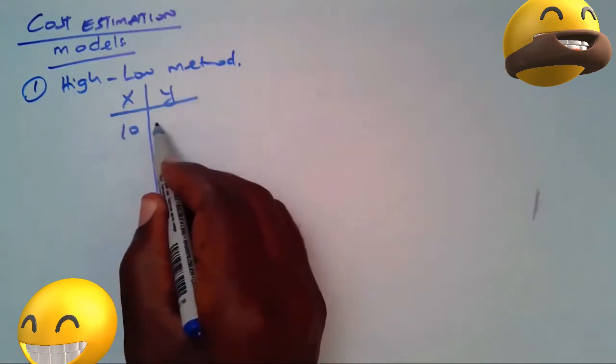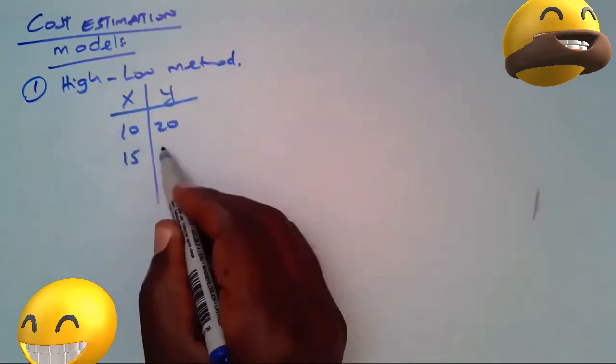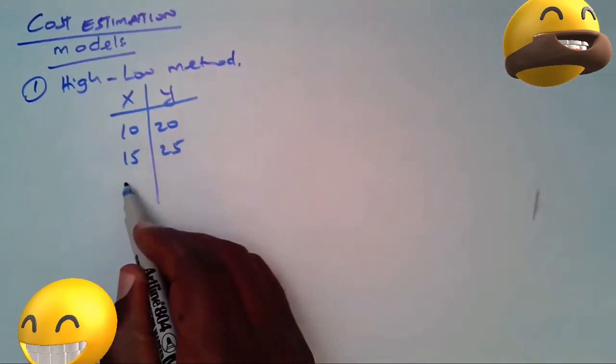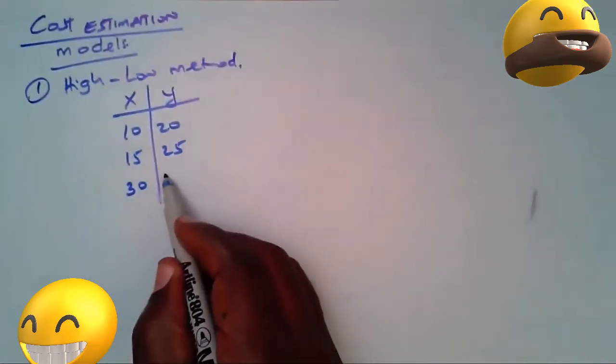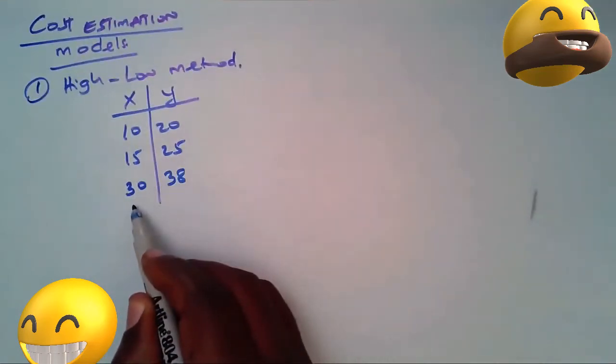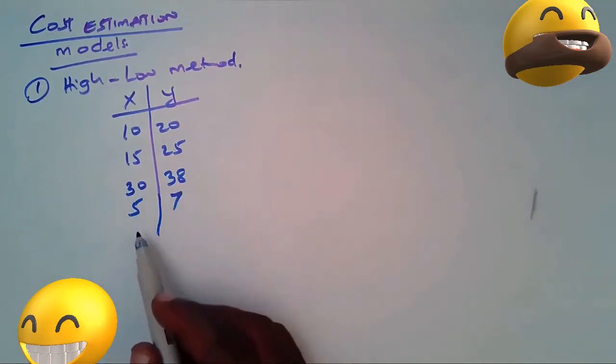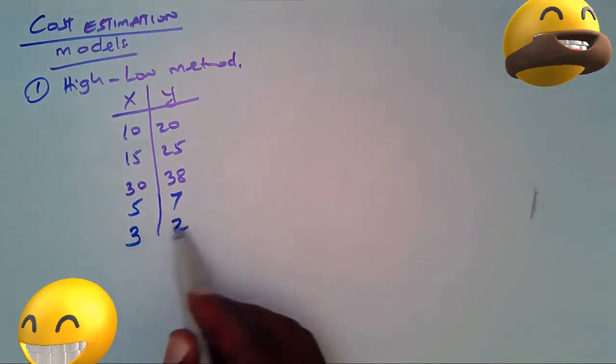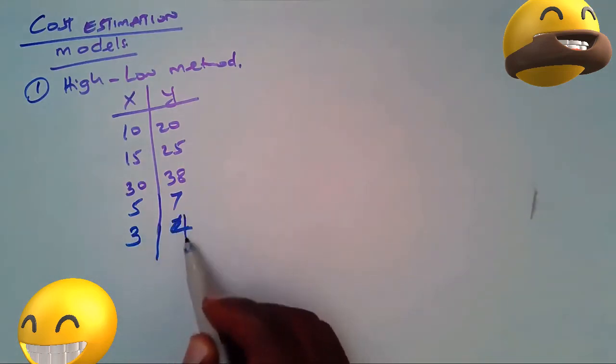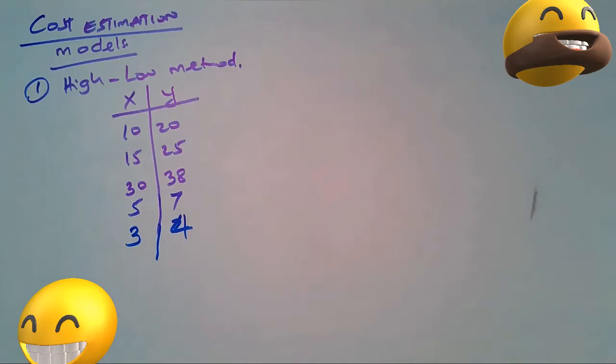We have 10, 20, 15, 25. We have, for example, 30, 38. We have, for example, 5, 7. Say, for example, here we have 3 and 4, like that. So if you're given this kind of information, then the examiner tells you to come up with a high-low equation.